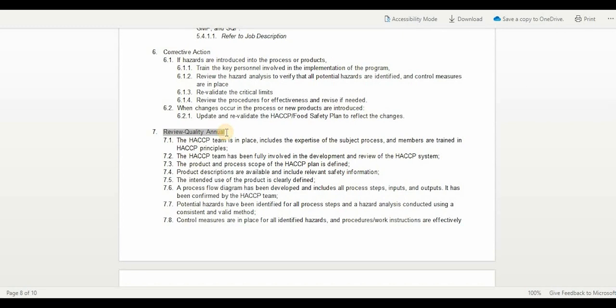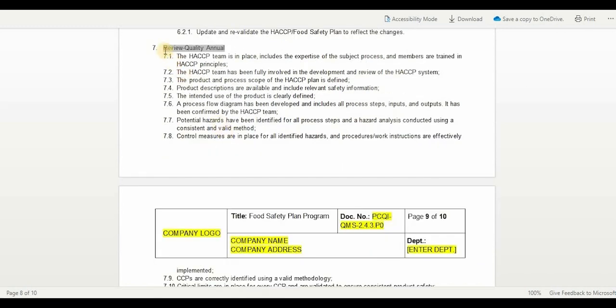The 7th component of the program is Review Quality Annual. The review section serves as guidelines for conducting the annual or periodic review. The HACCP team is in place, includes the expertise of the subject process, and members are trained in HACCP principles. The HACCP team has been fully involved in the development and review of the HACCP system.